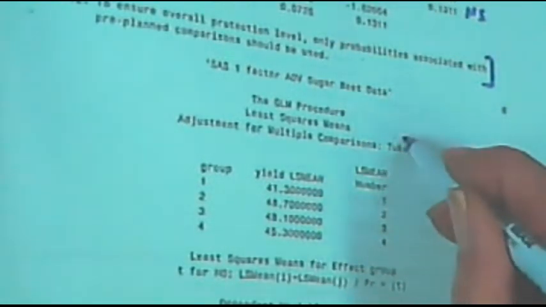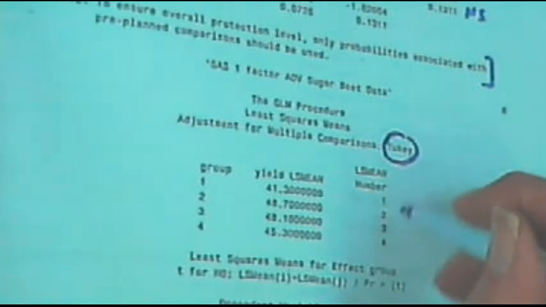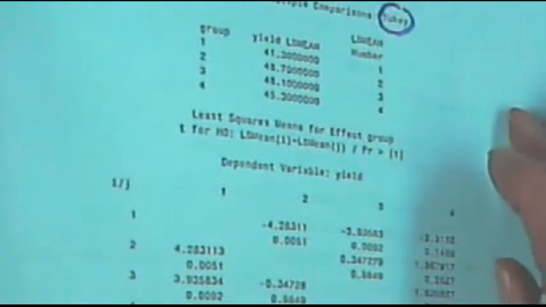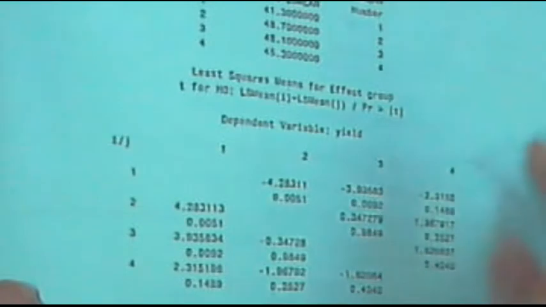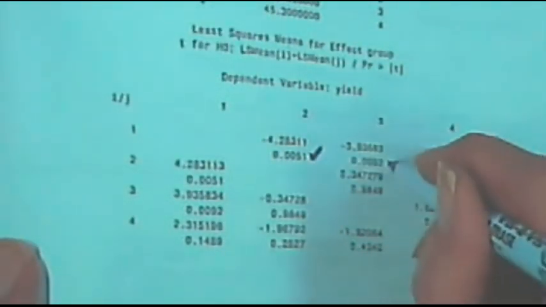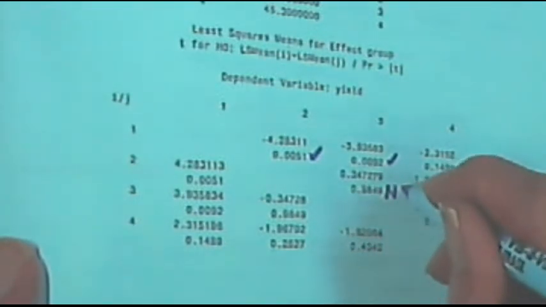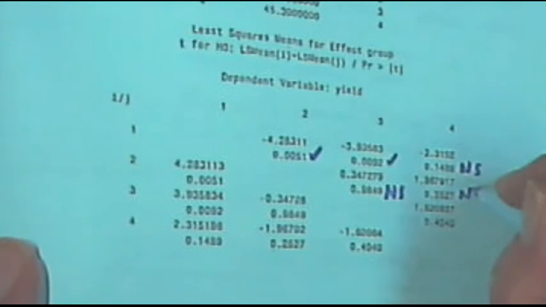So now we're going to adjust for multiple comparisons by using the Tukey procedure. Here's the means. Here's the table for the pairwise comparisons using Tukey's simultaneous methodology. Significant, significant, not significant, not significant, not significant, not significant.